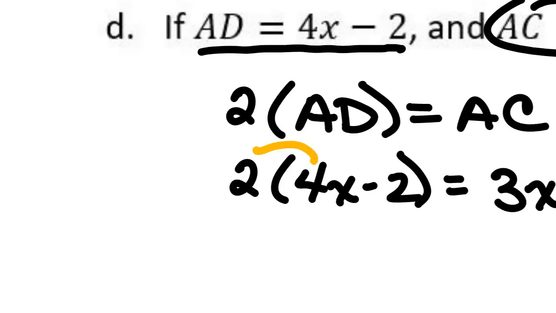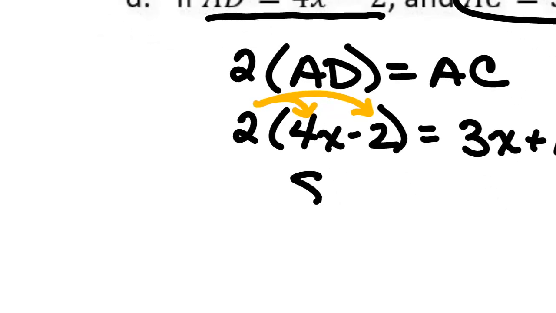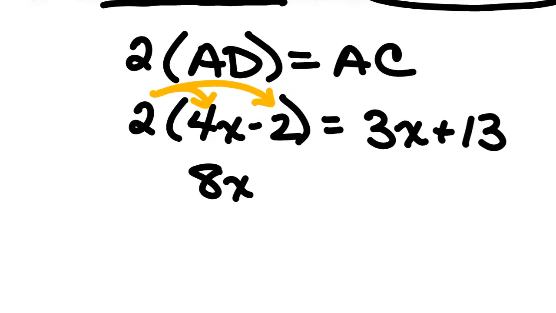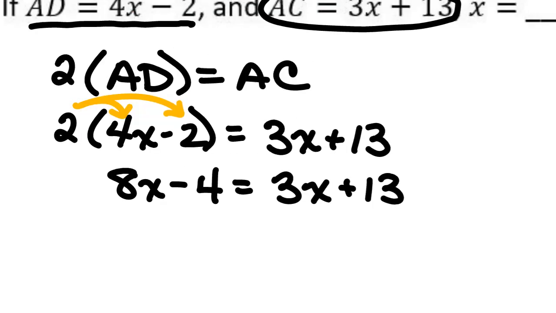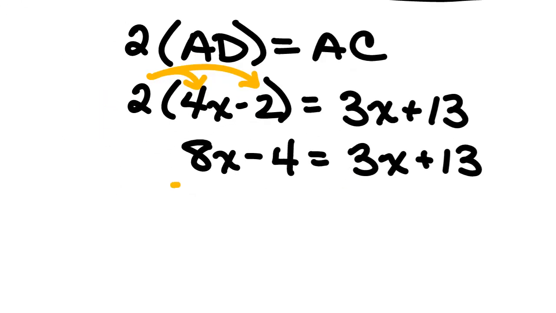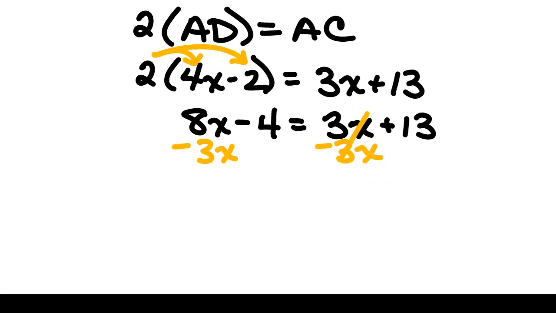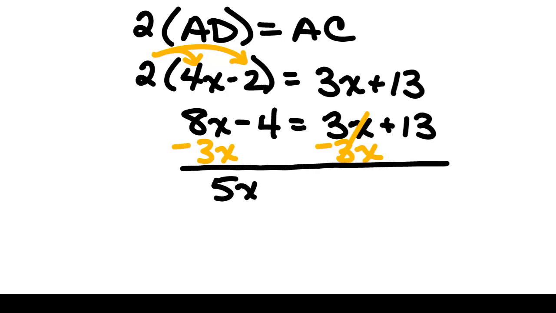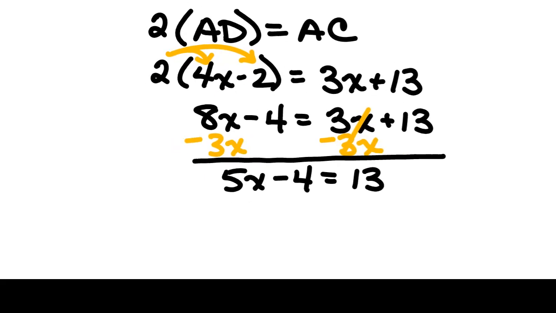I'm going to distribute the 2. What is 2 times 4x? 8x. And 2 times negative 2? Negative 4. So 8x minus 4 equals 3x plus 13. We're going to get our x's to the same side, so I'm going to subtract 3x from both sides. What is 8x minus 3x? 5x minus 4 equals 13.